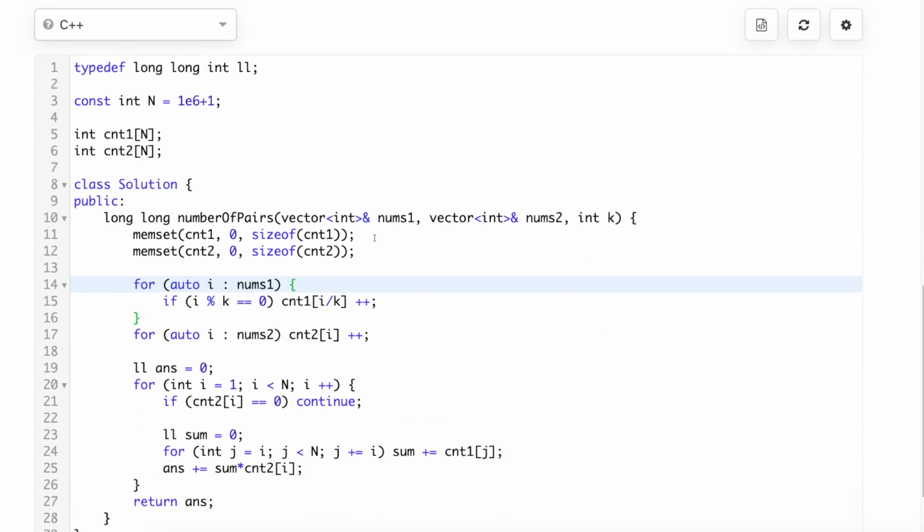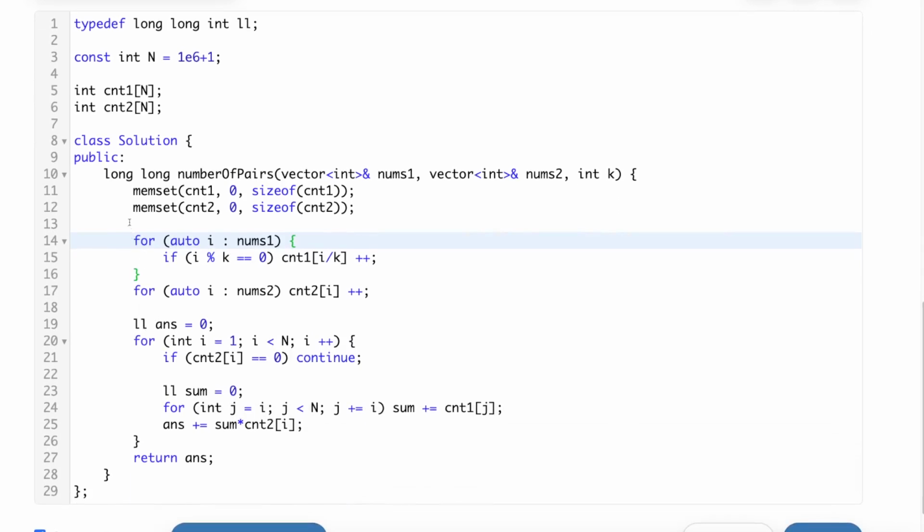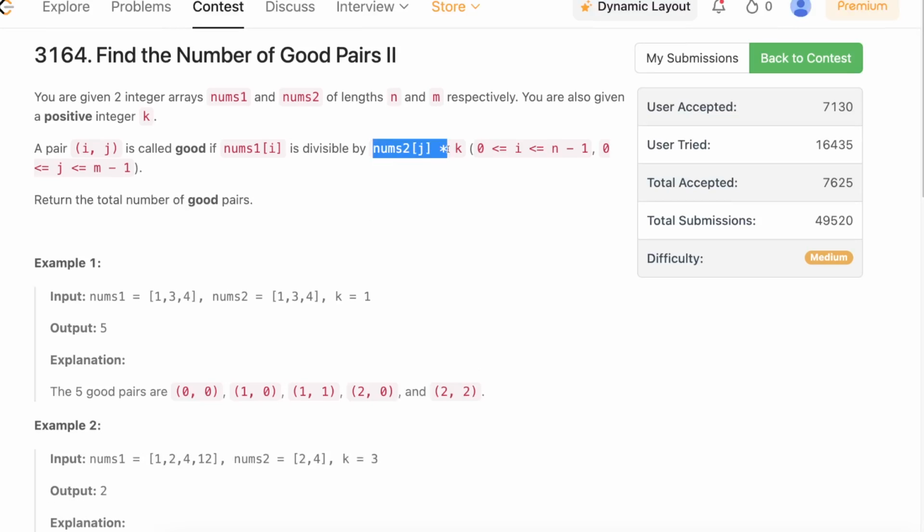The code is very straightforward. We simply have two frequency arrays, one which goes over all the elements of the first array and counts for i by k. Why i by k? Because we want everything to be divisible by nums2[j] times k. If the number itself is not divisible by k, it will not be divisible by nums2[j] times k as well.